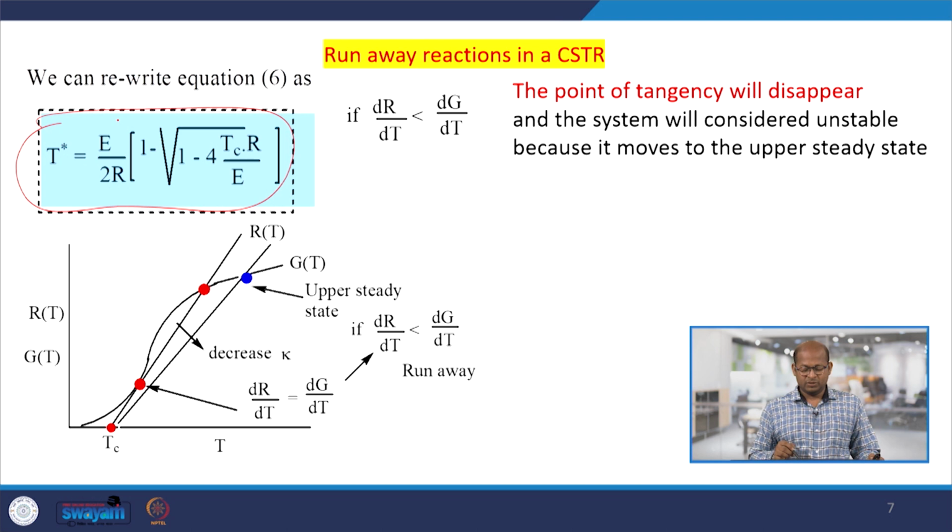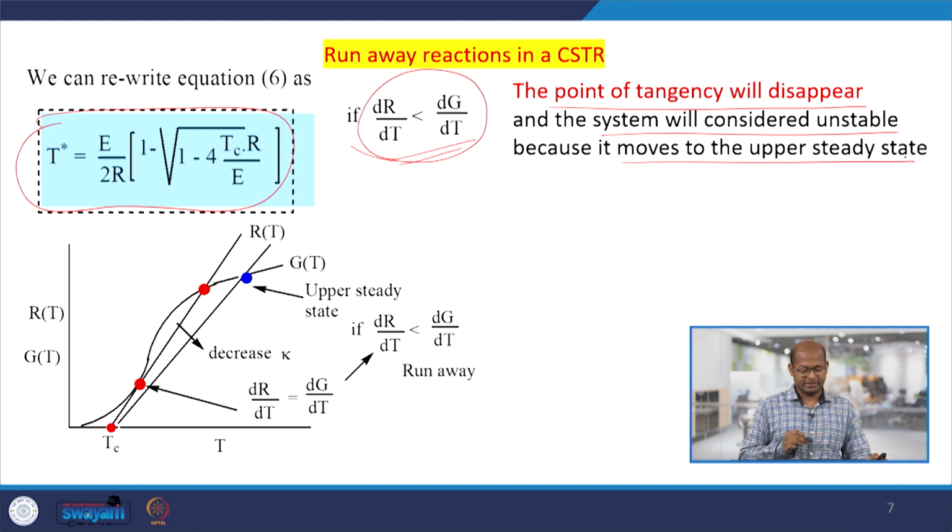If dr by dt is less than dg by dt, the point of tangency will disappear and the system will be considered unstable because it moves to the upper steady state. At these conditions, the system will move from here to this upper steady state. So, this is the runaway condition.